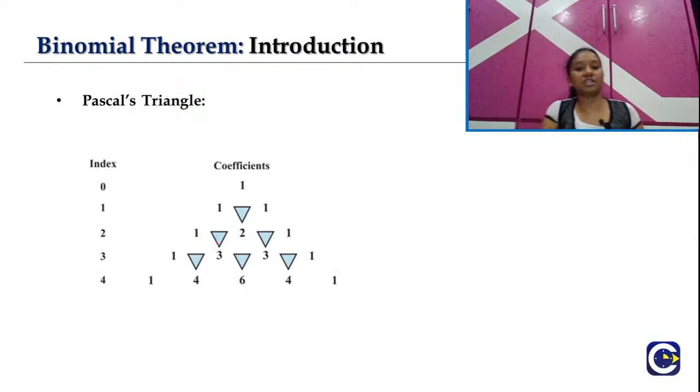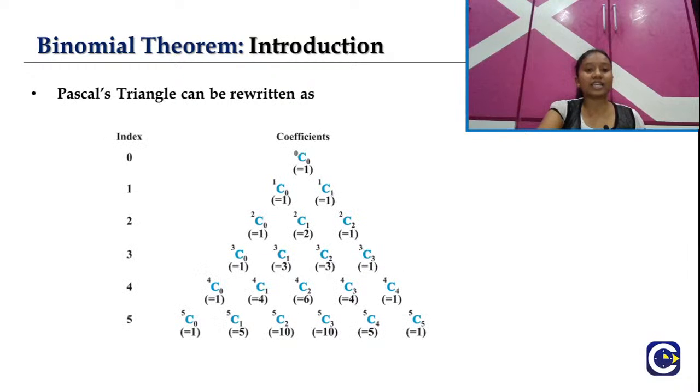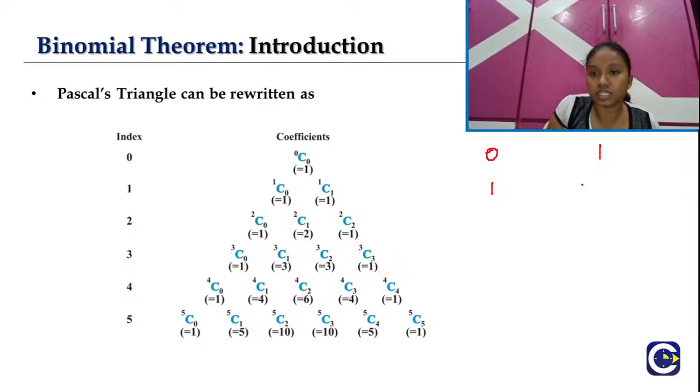So we have seen the triangle splitting and addition of it. This Pascal triangle can be rewritten using our C terms, that is nCr. Just now we have seen that index 0 will be 1. Index 1 will be splitting, so it will be 1 and 1.